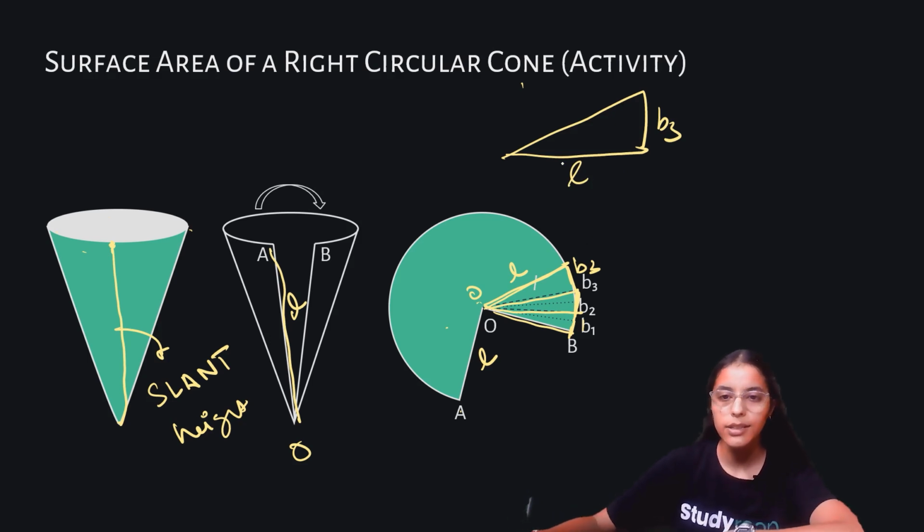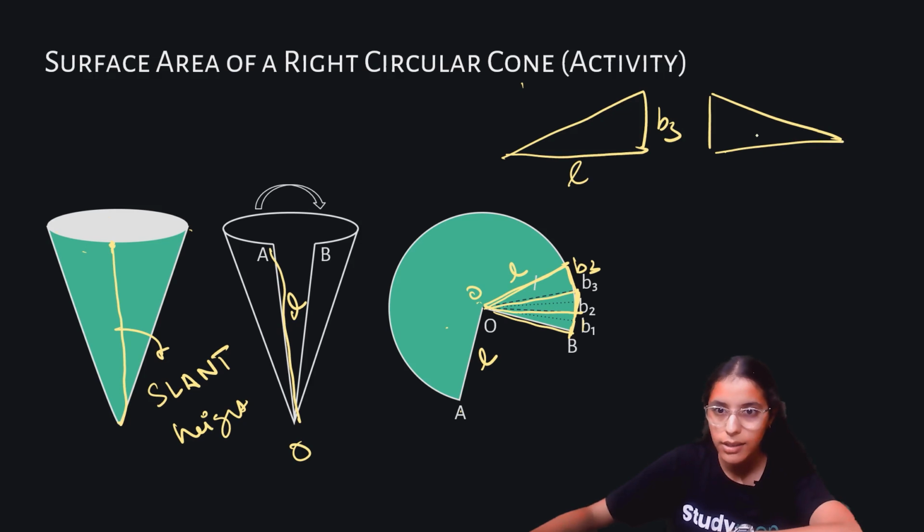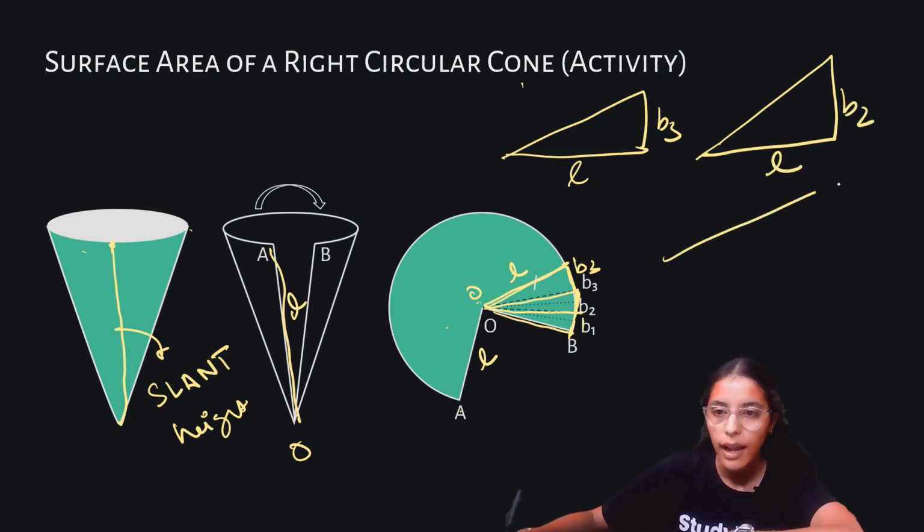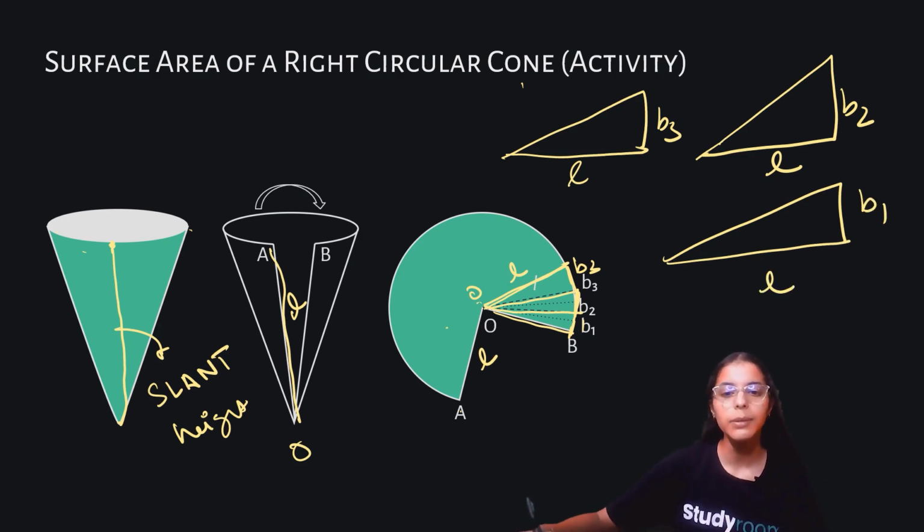Now let us calculate the area. First, let me draw all the other triangles: the one with B2 and L, then another with B3 and L. Similarly, we can get B100, and so on till infinity; it depends on how small you cut the triangles.